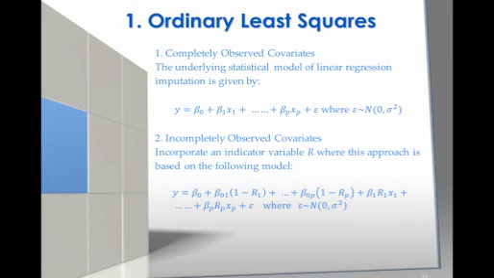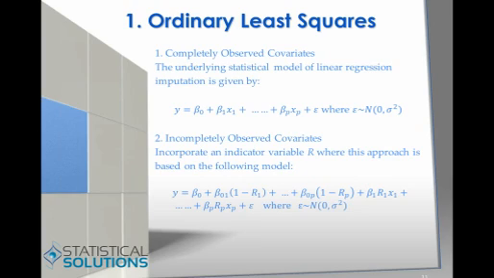When applying this ordinary least squares model, we also have to take two separate approaches, because some variables in your data set may be completely observed and some may be incompletely observed. So there are two separate models run. The multiple regression model for the completely observed case has your intercept, beta 1 x1, and so on for as many variables as you have in the data.